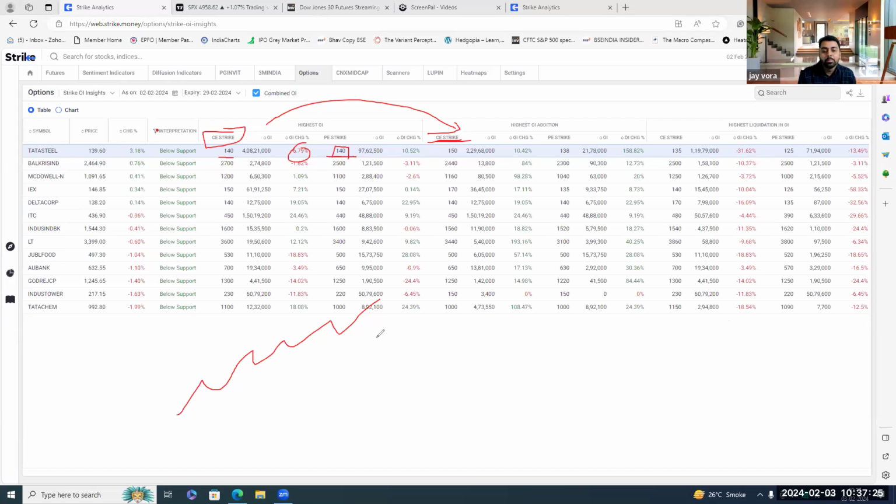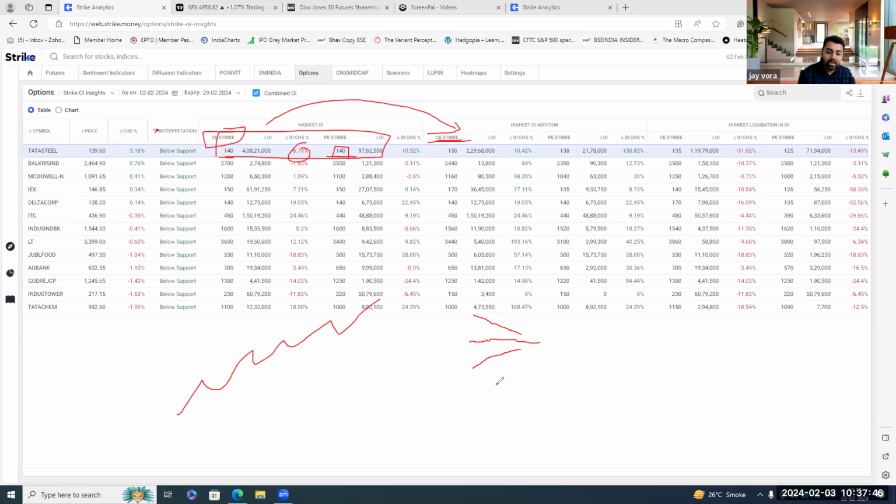And the people who follow technicals as well, if you see such a situation and the stock is consolidating, you will see that the Bollinger Bands are also tightening.